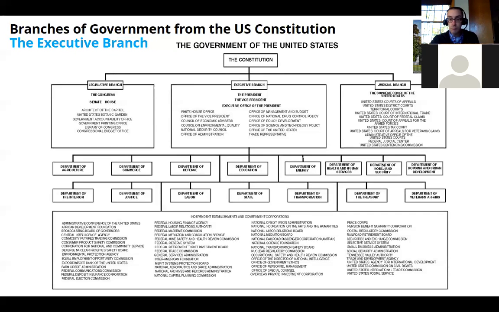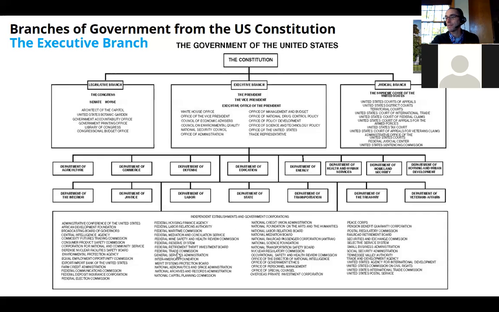There's literally millions of people that work in those offices, and when we say an office, we don't mean just one little office building. It's a sprawling organization.